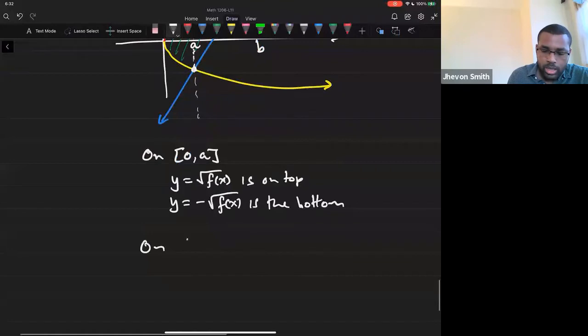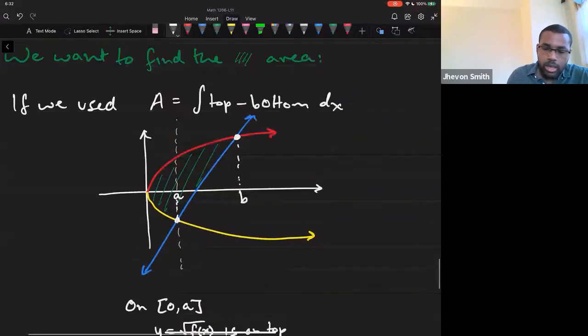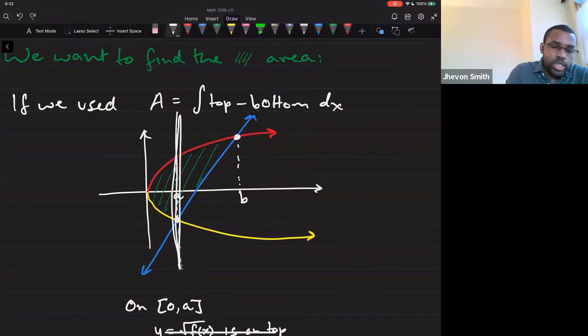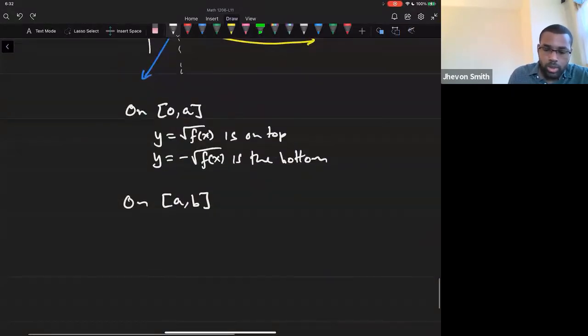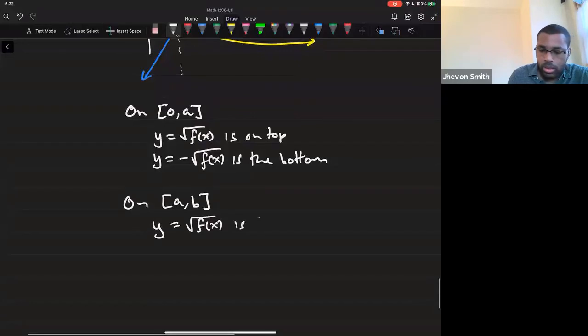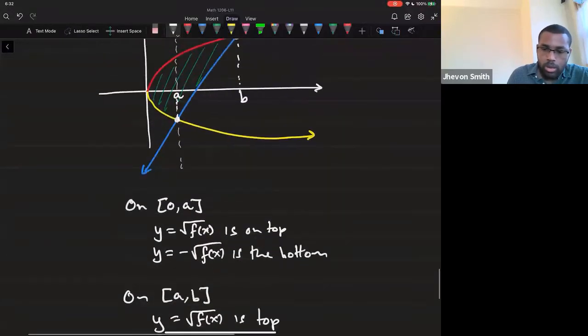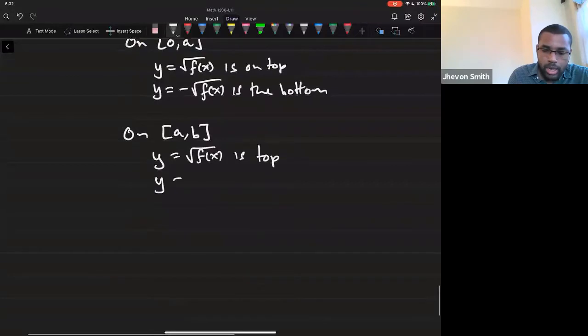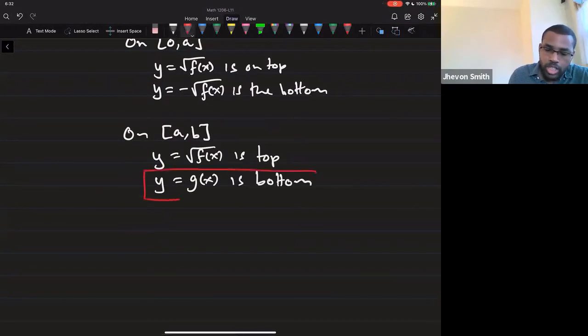But on, say, A to B, this actually changes. Notice that once you cross this vertical line right here, the situation actually changes. Between A and B, the red curve is on top and the blue curve is on the bottom. So here, this guy's still on top. But now y equals g of x is the bottom. So notice that the bottom part changes.